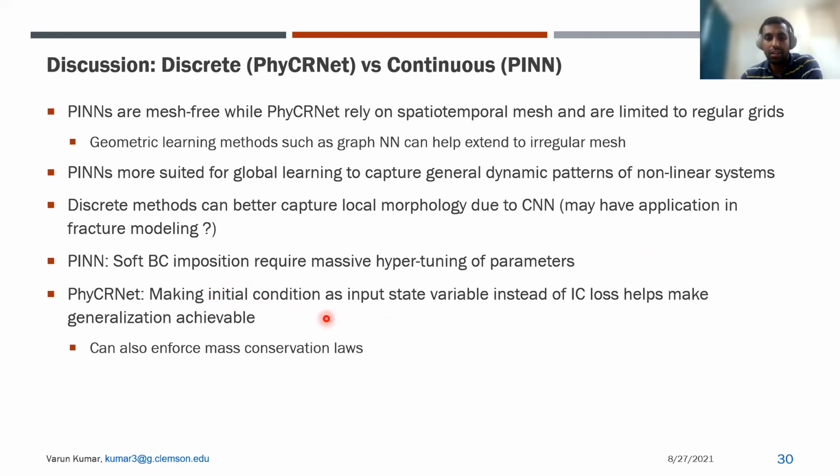And in the case of PhyCRNet, because these are hard coded, you don't have to spend a lot of effort in training the parameters. So that is another key highlight of this work, that imposition of hard coded boundary conditions is actually going to give you more accurate results. And they're a key proponent of that idea, I would say.